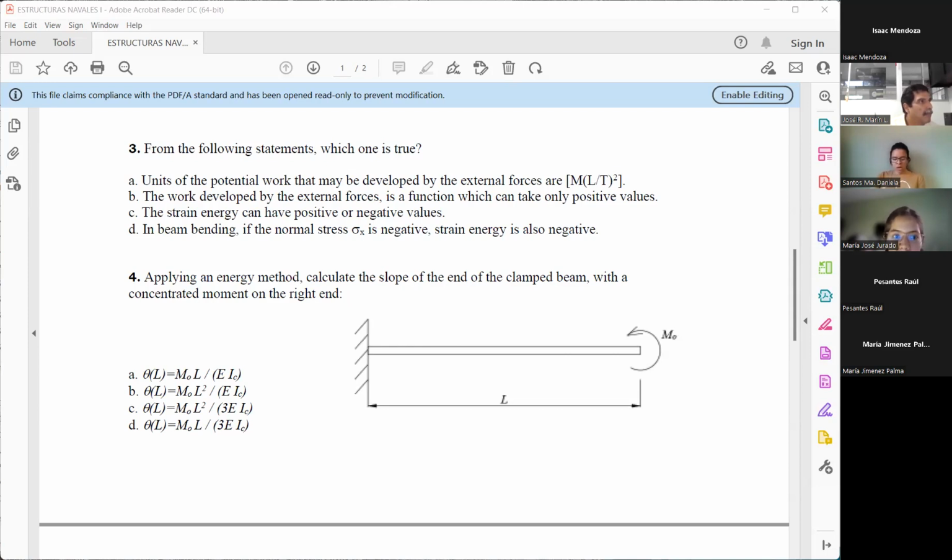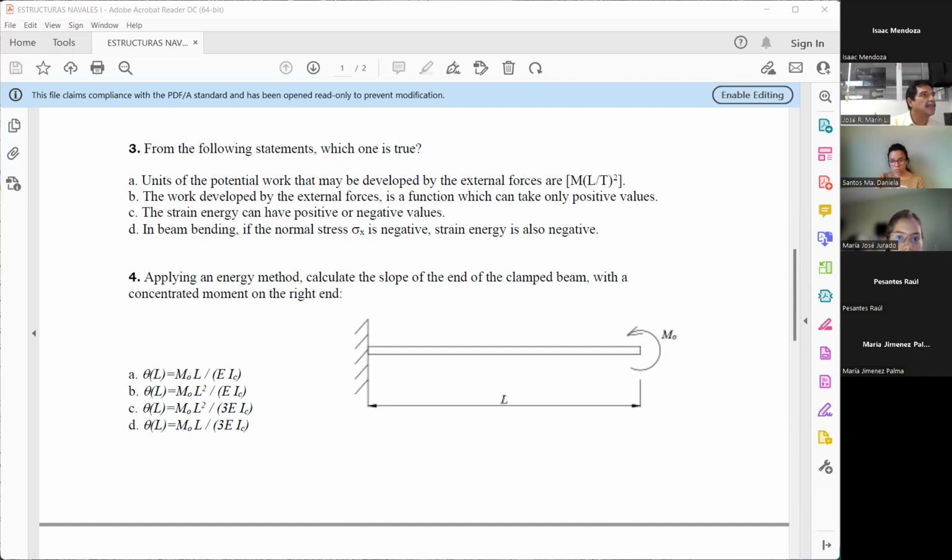We have 4 options. Which one did you choose? It's difficult to recognize all of this in here. How did you solve it, Ms. Jurado?